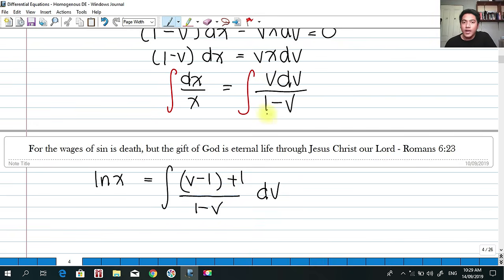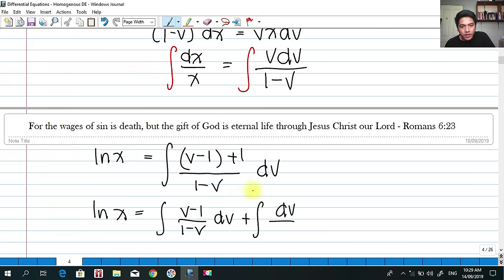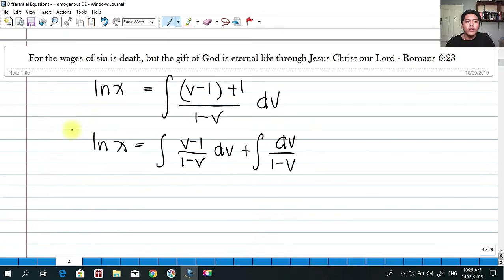The reason I did that is that we can use the properties of the integral to separate the integral of (v minus 1) over (1 minus v) dv plus the integral of dv over 1 minus v. So ln of x equals this.